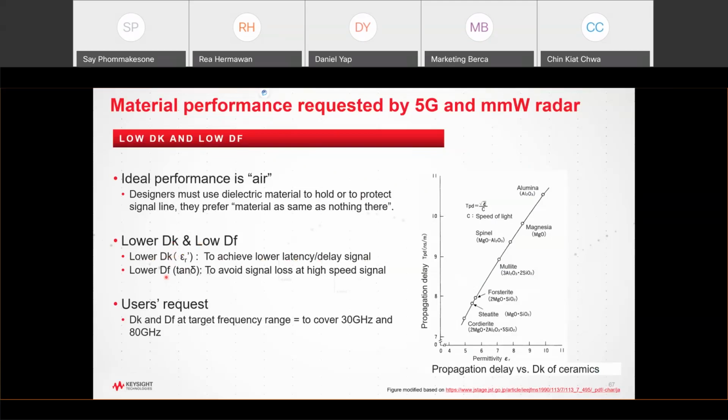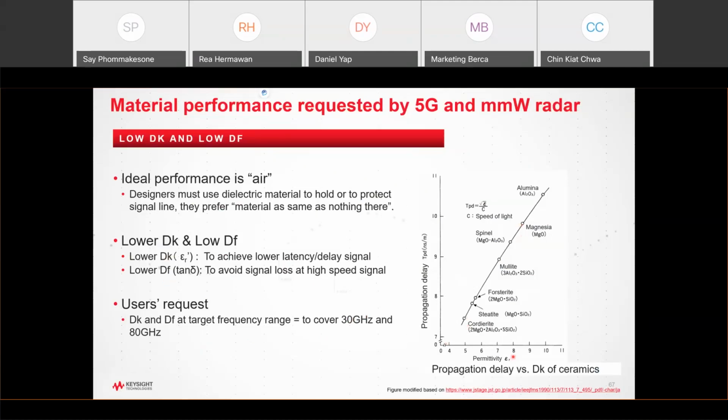So when you have lower loss, it means you avoid signal loss at high signal speed, meaning that you don't waste energy. So the user requests are basically a target above 30 GHz for 5G. And some other examples here of the materials that are available.